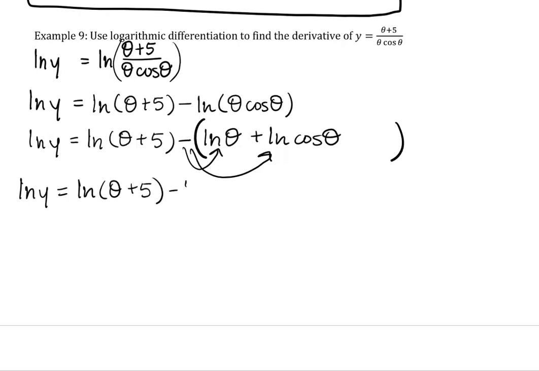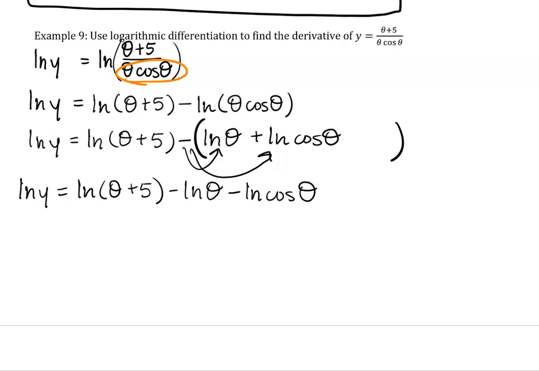One way to remember that is anything that showed up in the denominator should be inside of a negative logarithm. Both that theta and that cosine are showing up in the denominator, and they're both inside of negative logarithms. So we have used properties of logarithms to expand this out. Again, remember there is nothing we can do to that first log because we do not have a sum rule for logarithms.